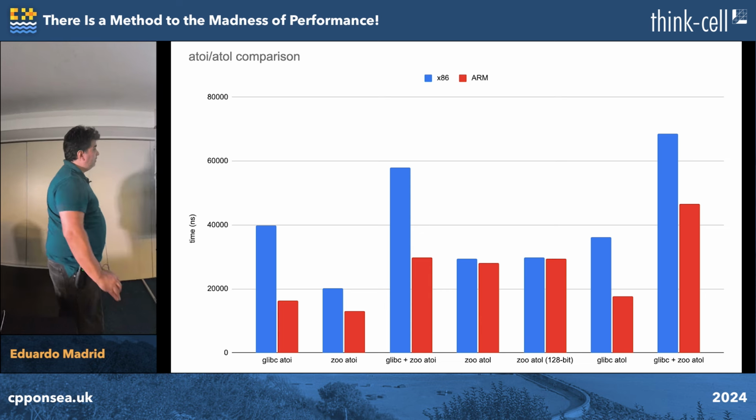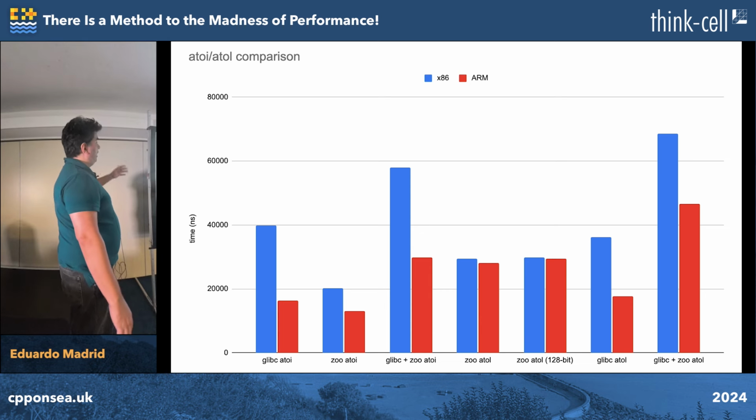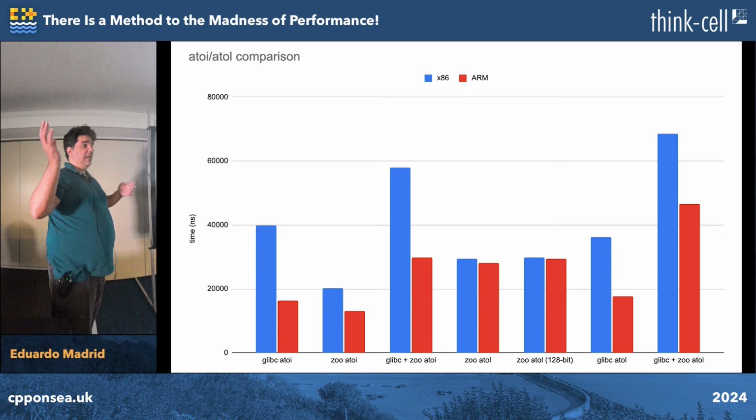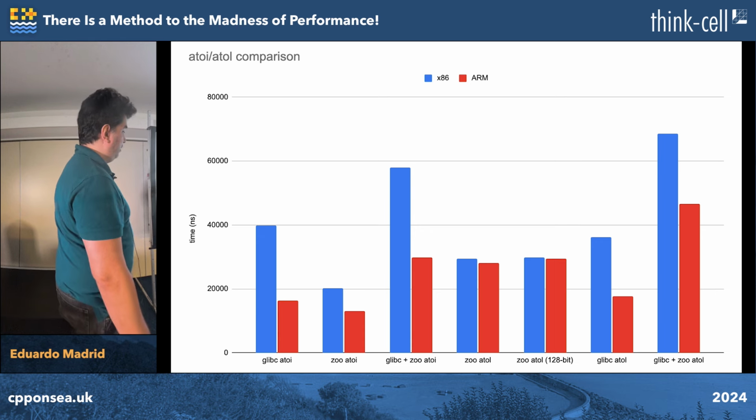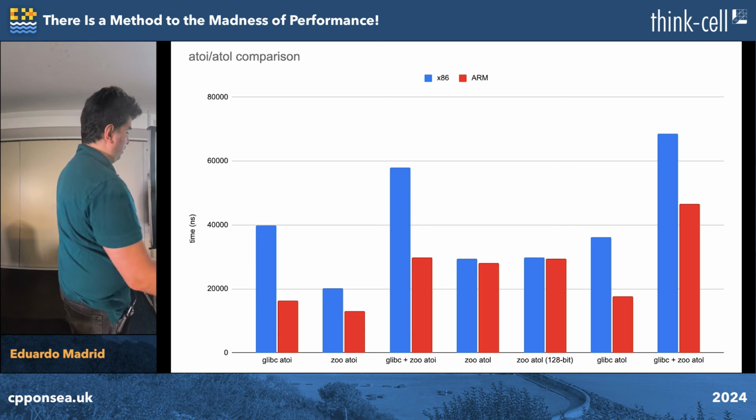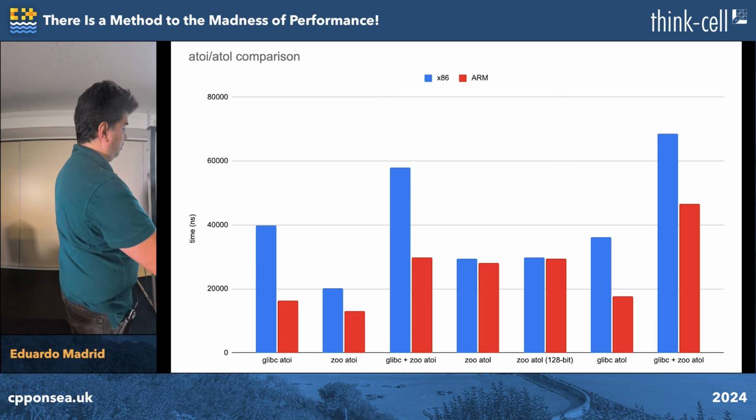And then we also measured the conversion of alphanumeric characters to integers, the well-known functions atoi and atol. And again, we have pretty much the same results, other than in the particular case of alphanumeric to long, we are getting that in the ARM platform, the glibc implementation is better than ours, and we are investigating why.